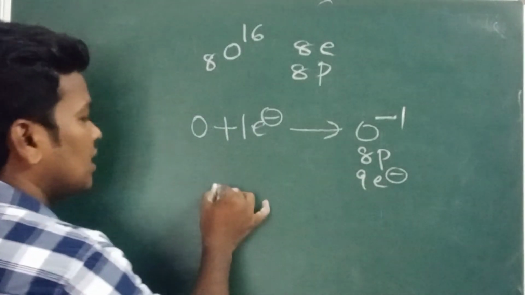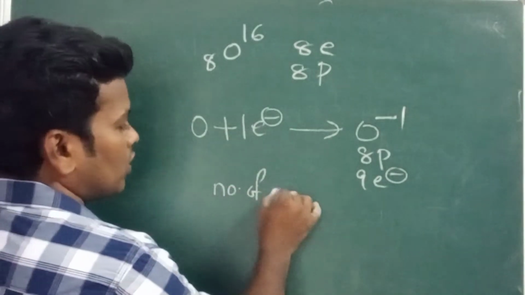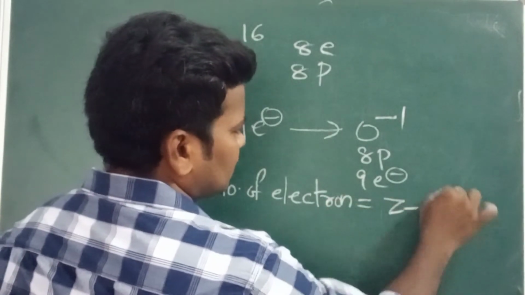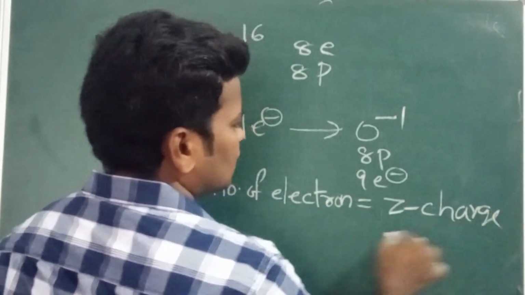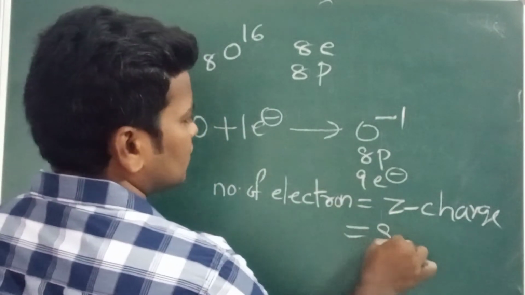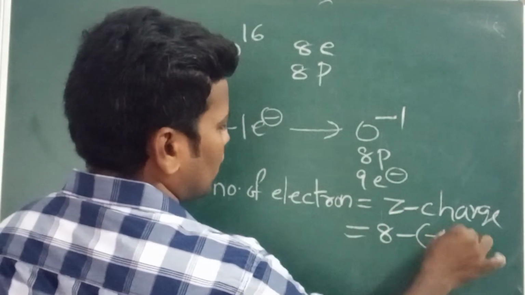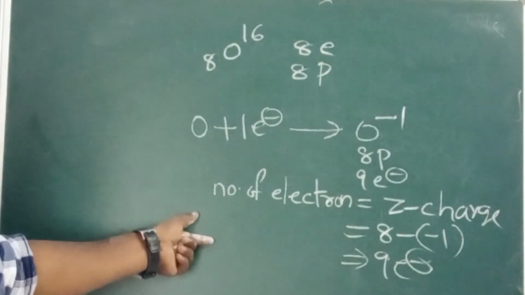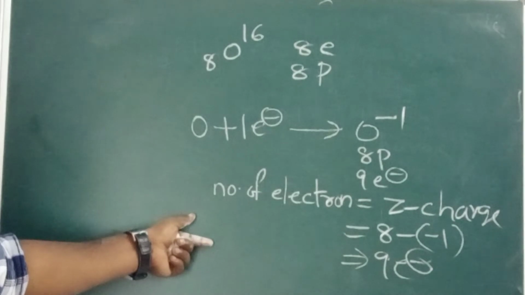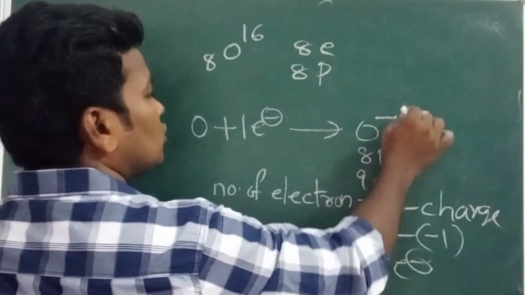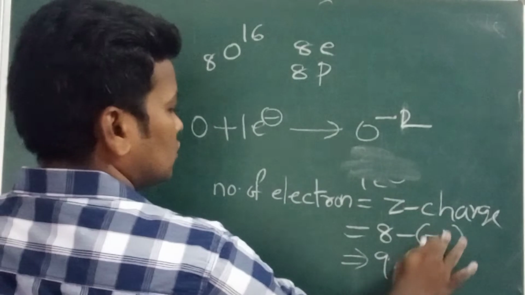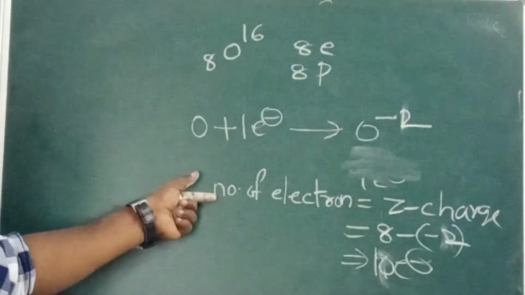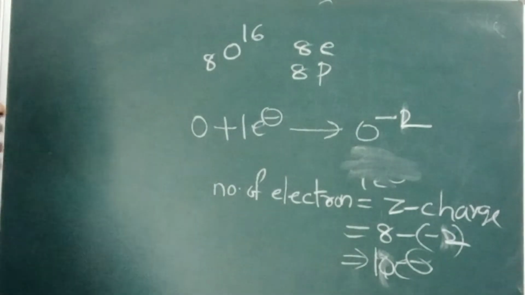If you want to calculate the number of electrons, Z minus charge. Atomic number is 8, charge is minus 1, so 8 minus of minus 1 is equal to 9 electrons. Like this you can calculate. For example, if it gains 2 electrons, then 10 electrons. By using this formula Z minus charge you can calculate it.